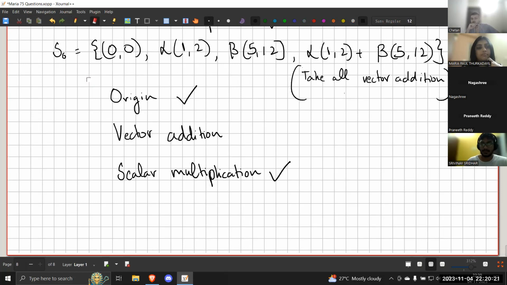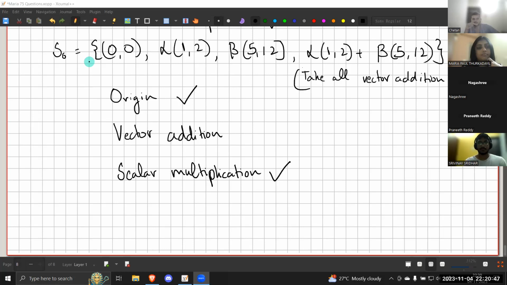This alpha times (1, 2) plus beta times (5, 12). Wouldn't alpha (1, 2) plus beta of (5, 12) also include (0, 0)? Yeah, everything. That's why I said that it satisfies all the previous conditions. So (0, 0) it satisfies, alpha times (1, 2) it satisfies, beta times (5, 12) it satisfies. If we put both alpha and beta equal to 0, it gives me (0, 0).